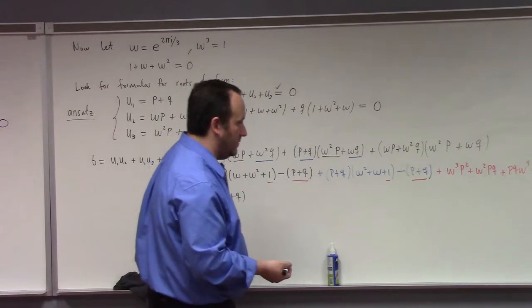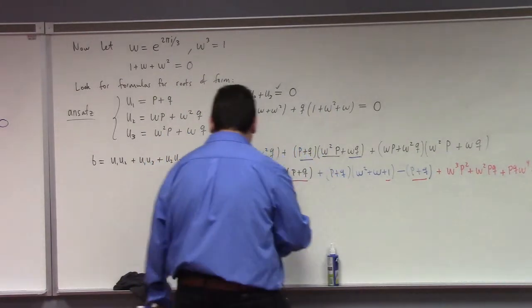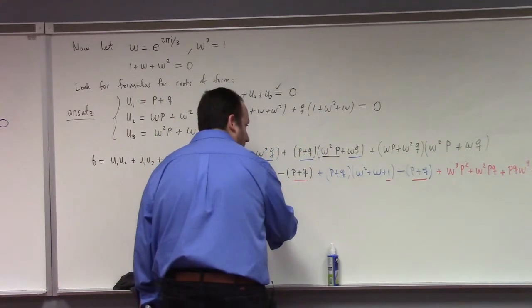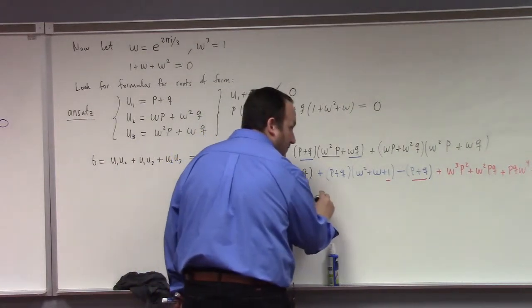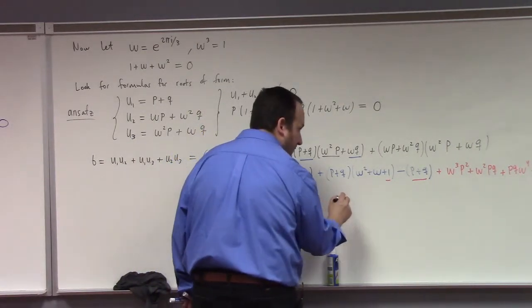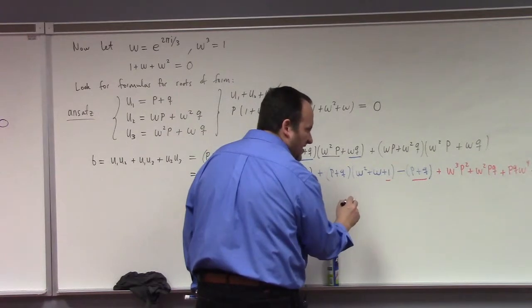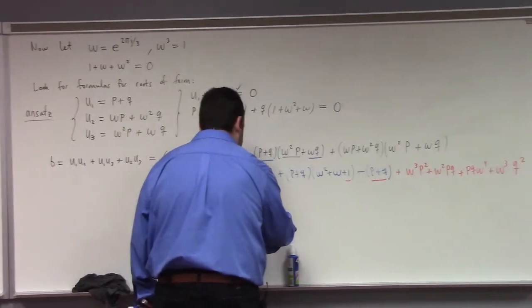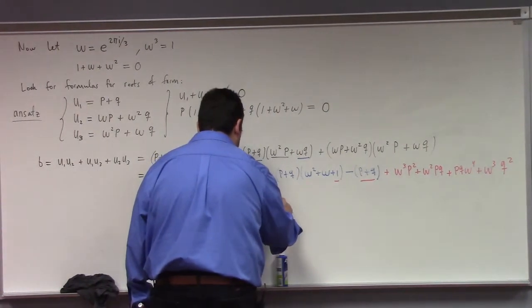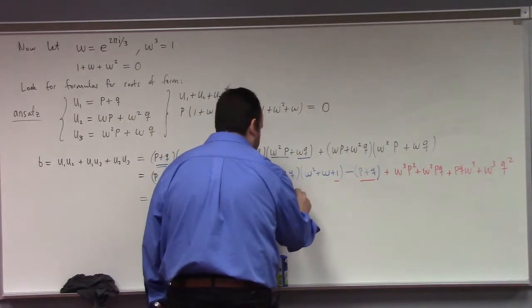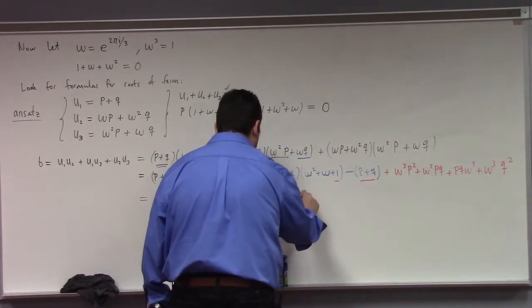And so I've really got minus 2PQ plus P squared plus Q squared plus parentheses omega squared plus omega, PQ.